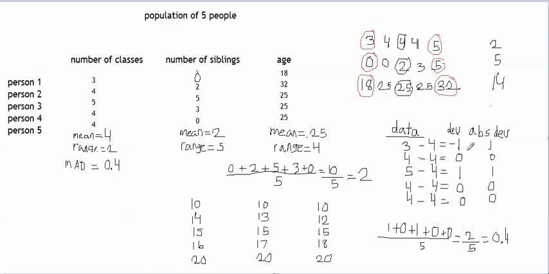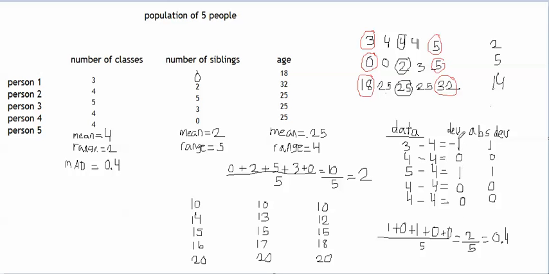The reason why we found the absolute values is because we didn't want to deal with these negative signs. What would happen if we just added up the deviation column? If we added up the deviations, we would get 0 because the negative and the positive cancel each other out. -1 plus 1 is 0, and then if you add all the other zeros, you get 0.